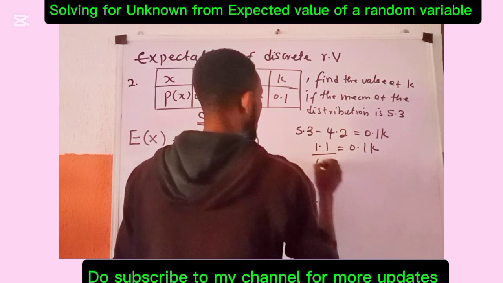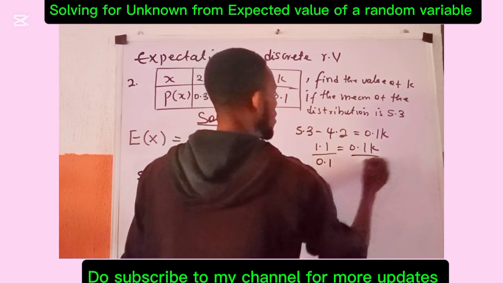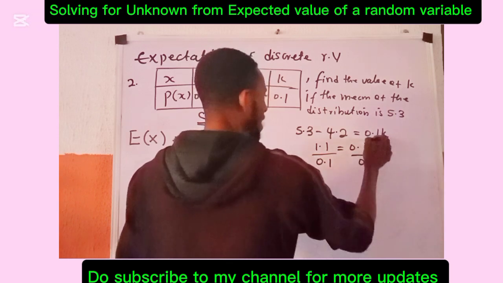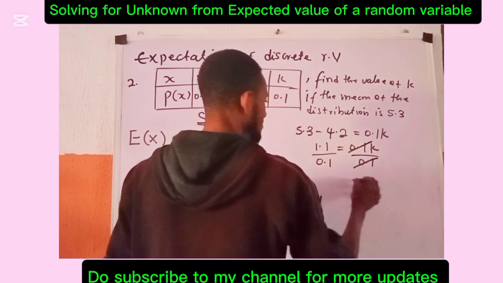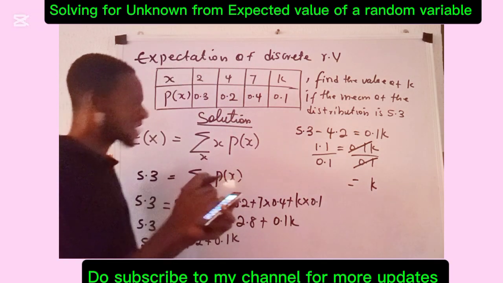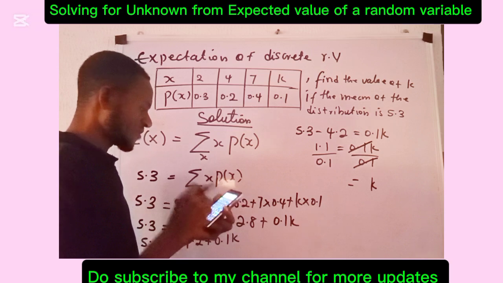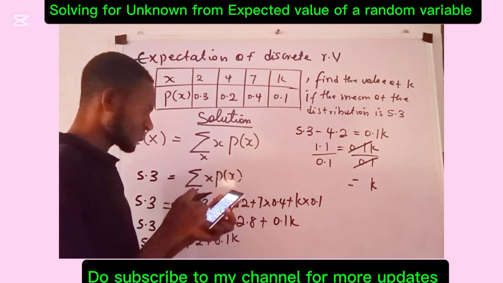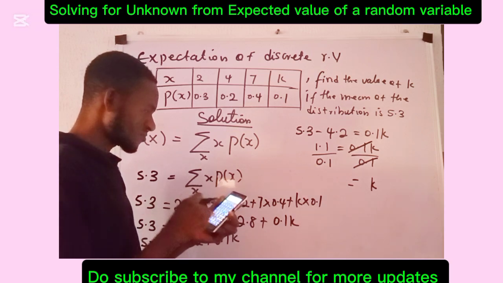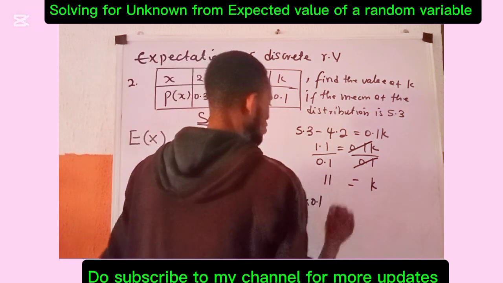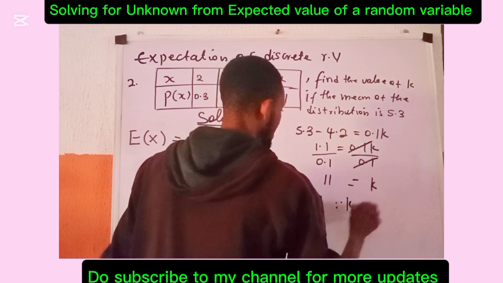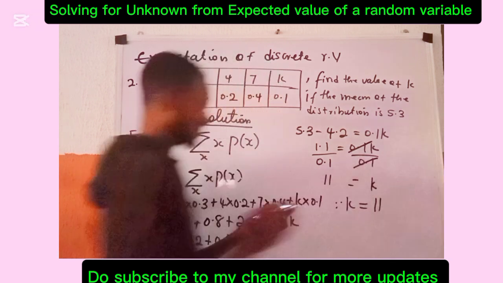So all over 0.1, all over 0.1. This 0.1 can cancel this 0.1, and we have k left. So 1.1 divided by 0.1 will give us 11. Therefore, our k equals 11.